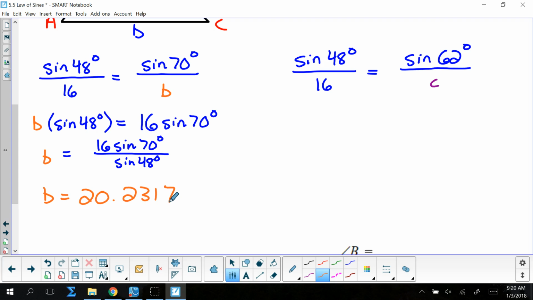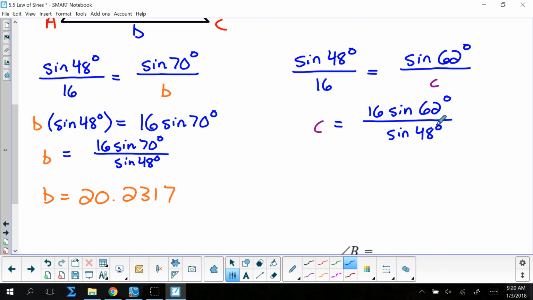With me? The math for side C is going to be the same. What's the only thing that's going to change? Instead of sine of 70, side C is going to equal 16 times the sine of 62 degrees divided by the sine of 48 degrees.